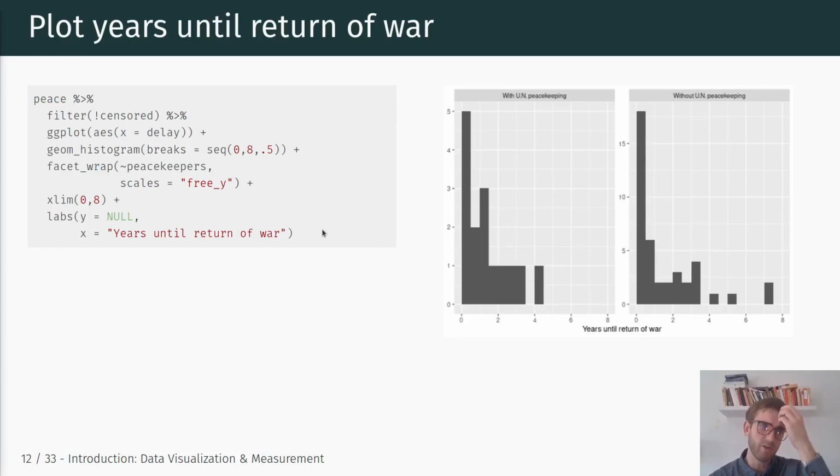So they only get involved if they know that the likelihood of return of civil war is relatively small, right? On the other hand, maybe the really bad situations where it's very likely that civil war will return are too dangerous, so peacekeepers can't go to those places, and that's why we observe those patterns, right?